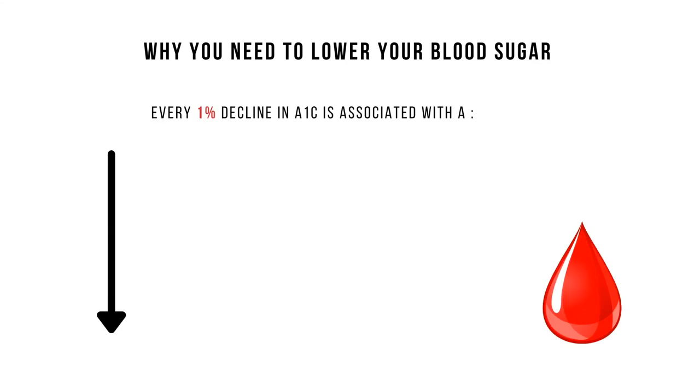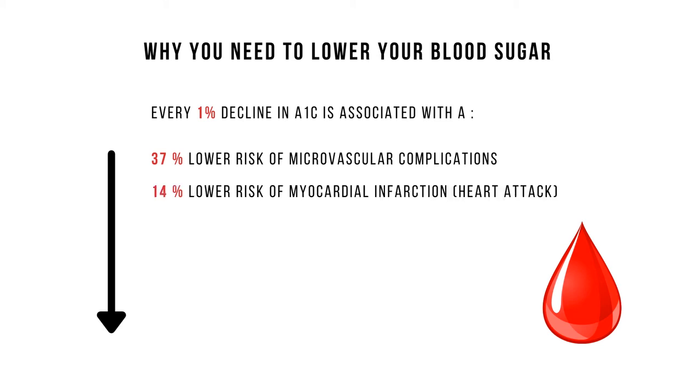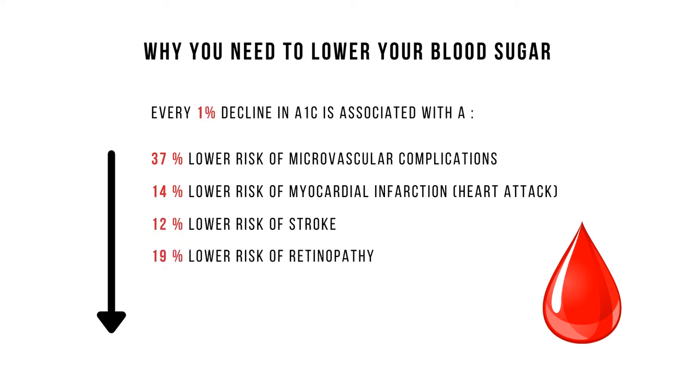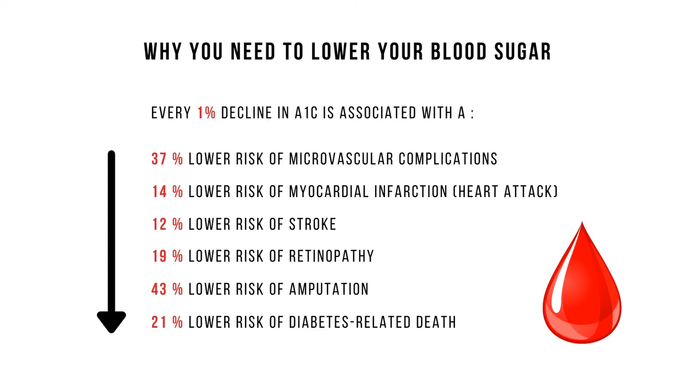Studies of thousands of people with diabetes have shown that a decrease in 1% of glycated hemoglobin decreases the risk of 37% of microvascular complications, such as those affecting the kidney, feet, hands, and eyes, 14% of infarction or heart attack, 12% of stroke, 19% of retinopathy, 43% of amputations, and 21% of death from diabetes. Attaining targets is therefore important for everyone with diabetes, even if the benefits are not immediately apparent.